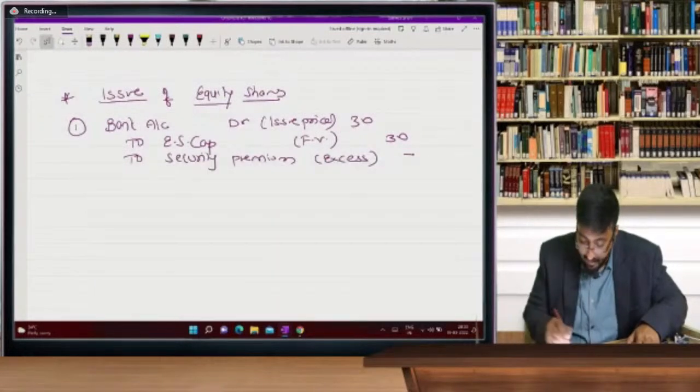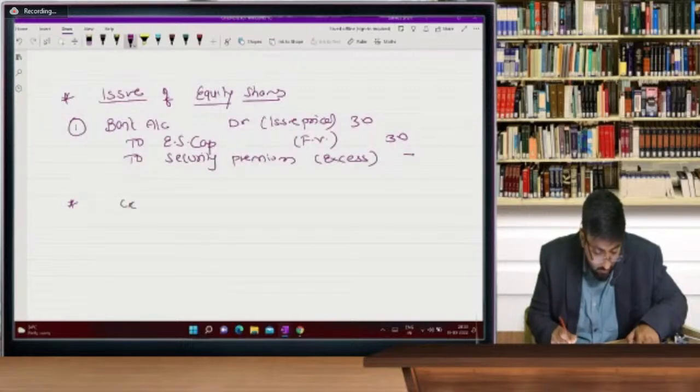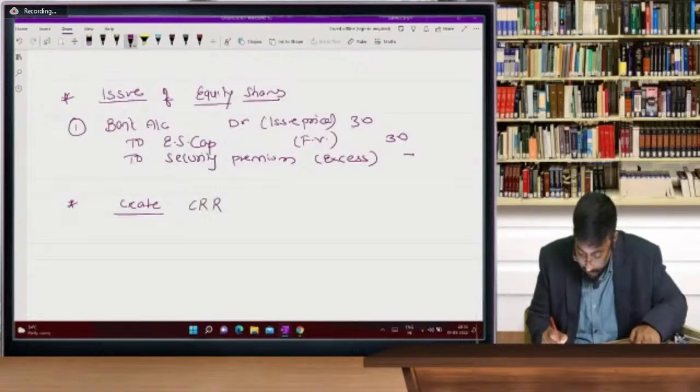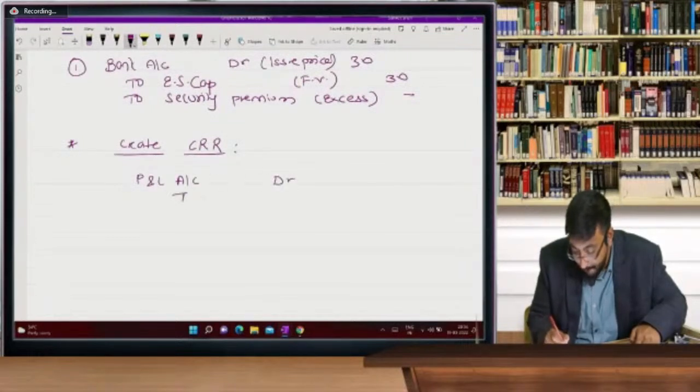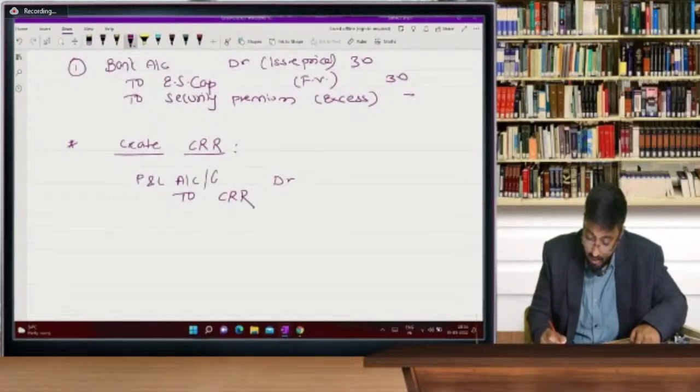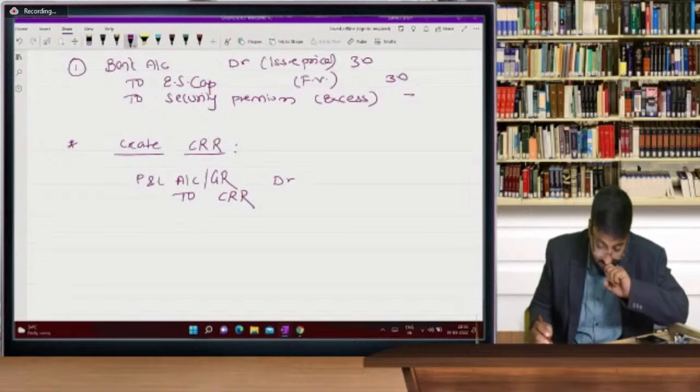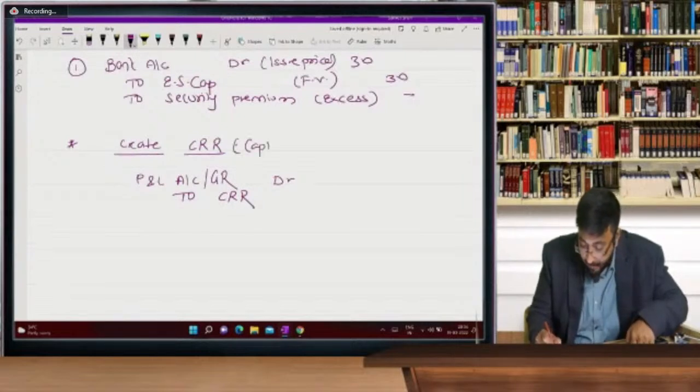And last entry, create CRR. P&L account debit to CRR account, or general reserve account debit to CRR. Capital redemption reserve.